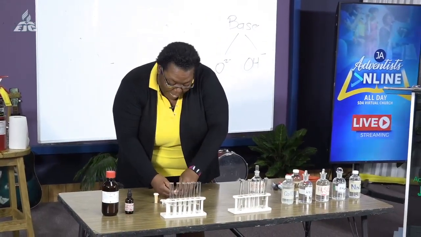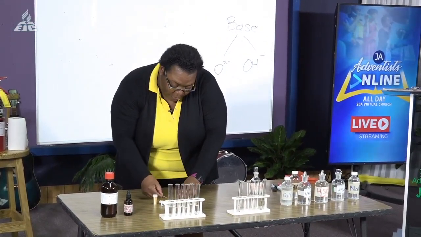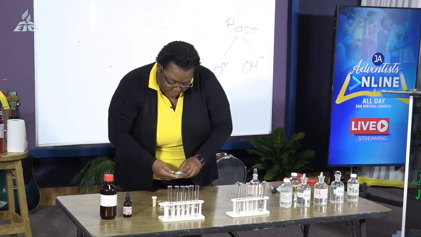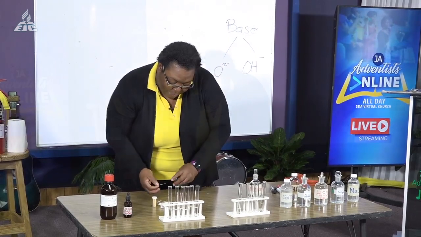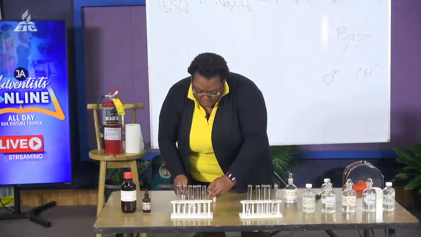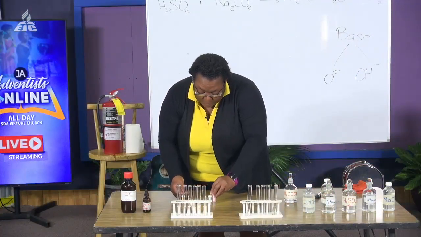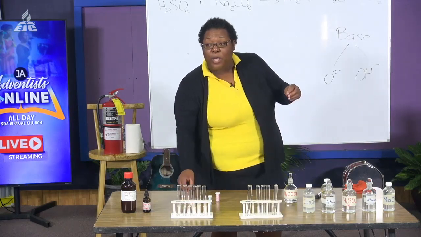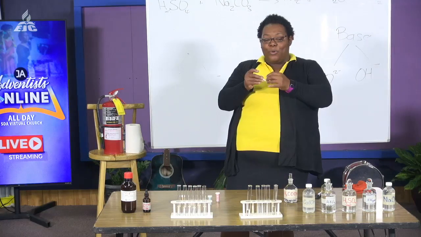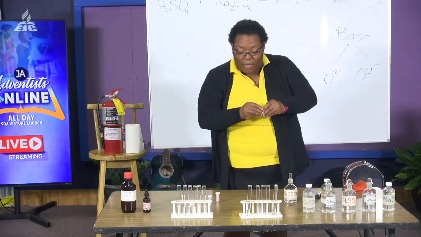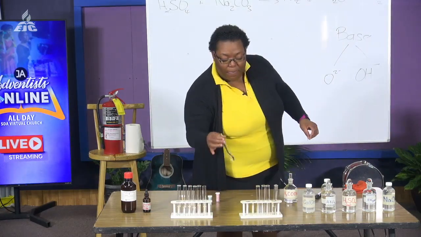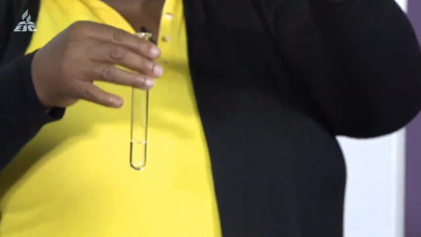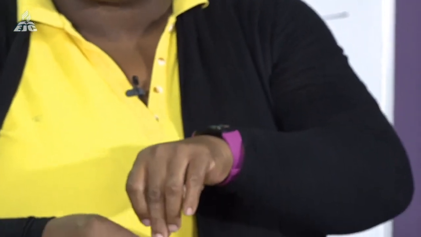We said that acids turn blue litmus red, and the bases turn red litmus blue. Let us see if this is true or people just making this thing up. I'm going to put both red and blue litmus in the vinegar that I just poured in the test tube. What did we say acids do?